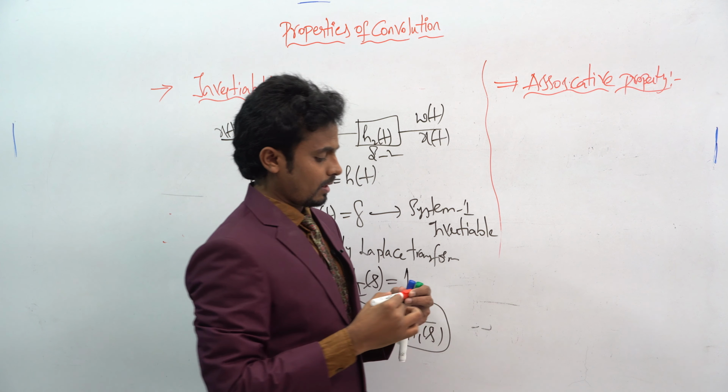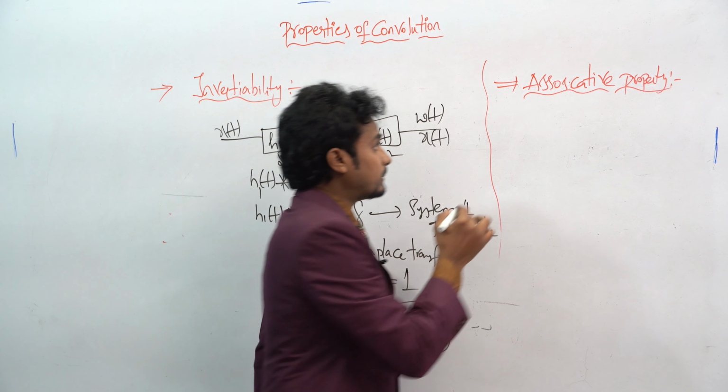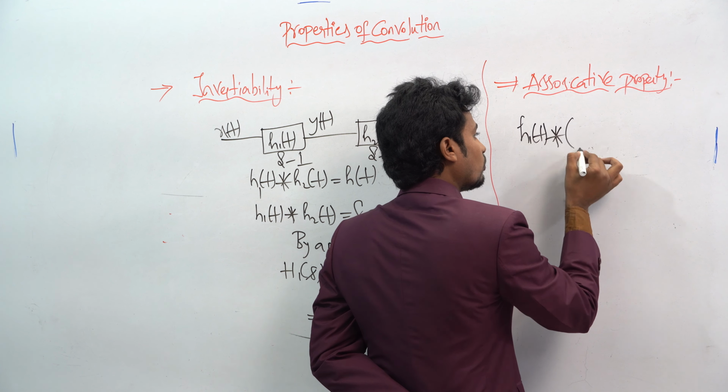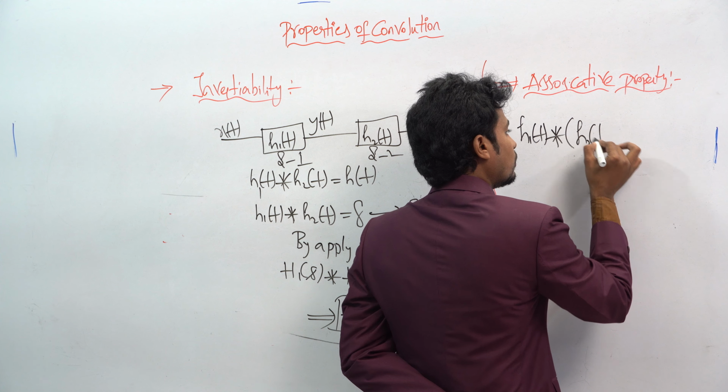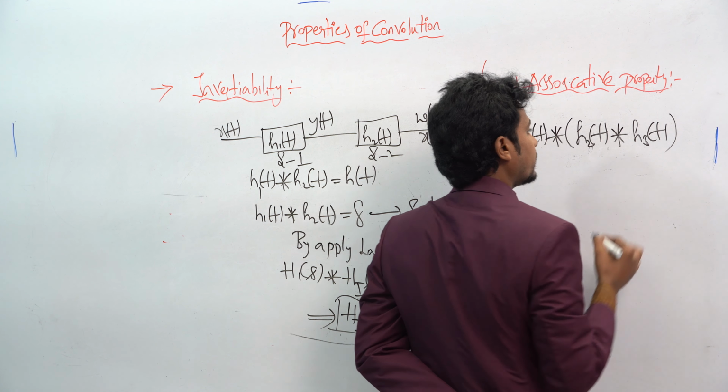Okay, if you want to write the associative property, that will be h1 of t convolved with h2 of t, and that convolved with h3 of t.